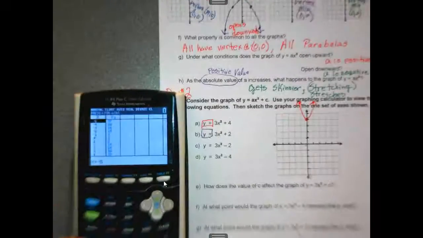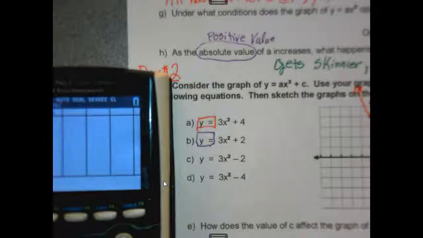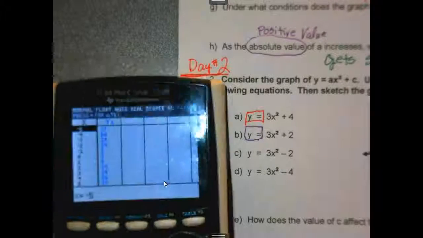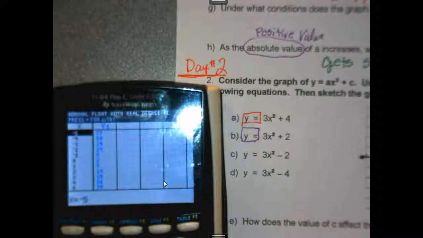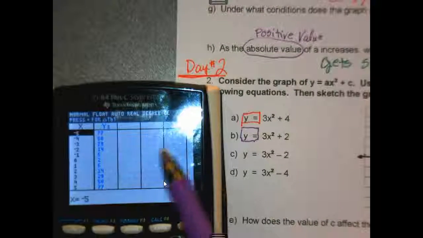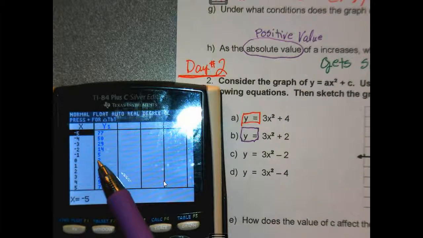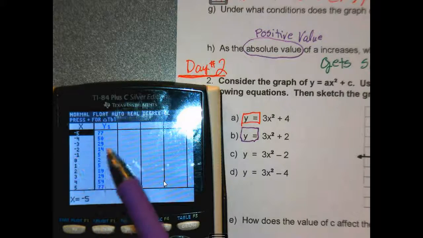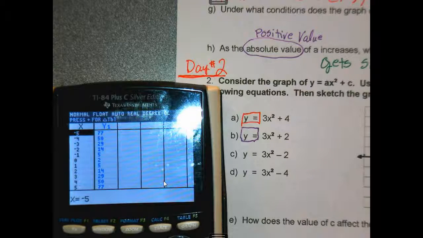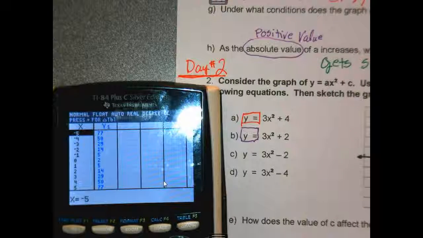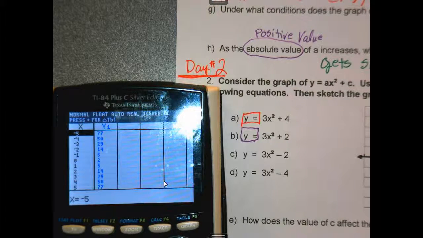You guys can hardly read these numbers. Let me zoom in. Okay, here's my vertex at 0, 2. I have -1, 5 and 1, 5. So here's this parabola.